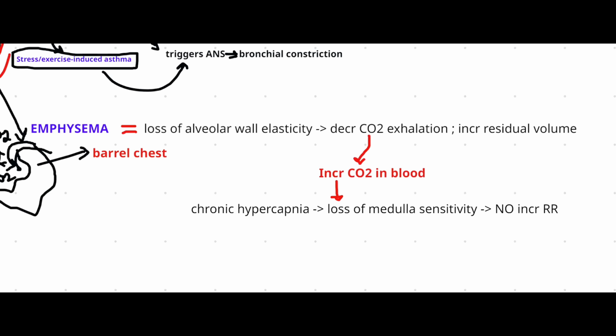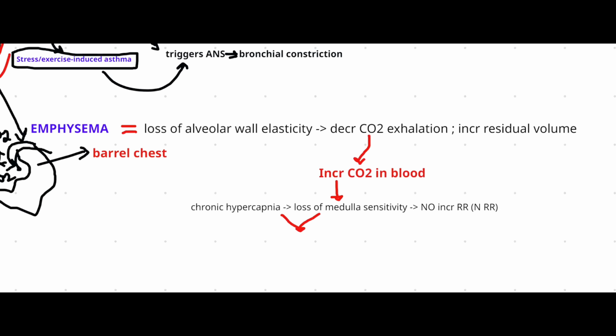Okay, so then what kicks in? So the next drive will kick in, right? What is the next drive that causes us to breathe? The hypoxic drive. So because of this issue here, now the patient relies on hypoxic drive to breathe. What does that mean?